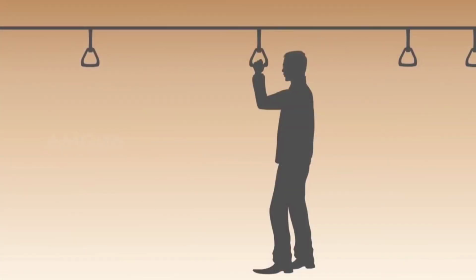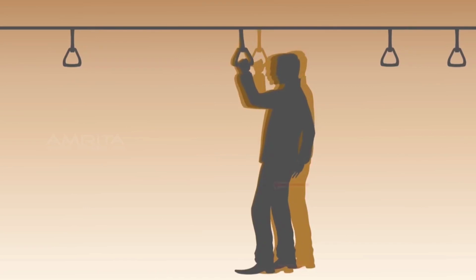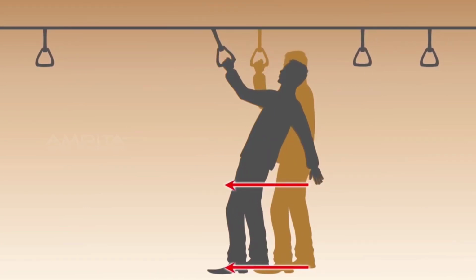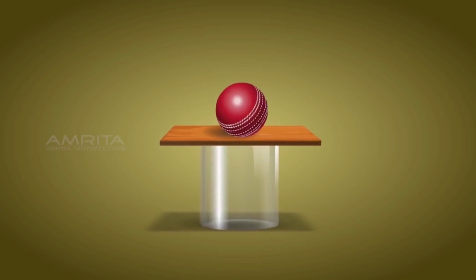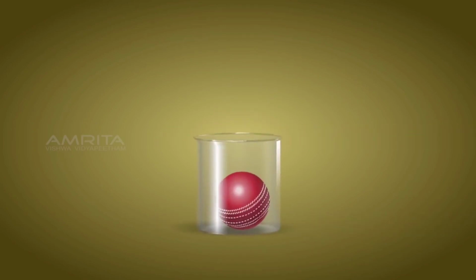The body is at rest when the bus is at rest. When the bus starts all of a sudden, the lower part of the body is in contact with the vehicle that started moving, whereas the upper part of the body continues to be at rest because of the inertia of rest. Inertia of rest is a tendency of a body to resist any change in its state of rest.